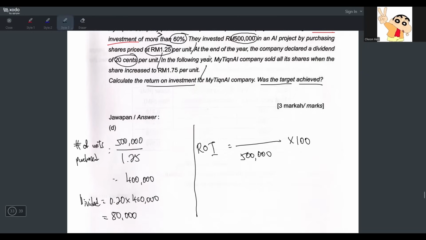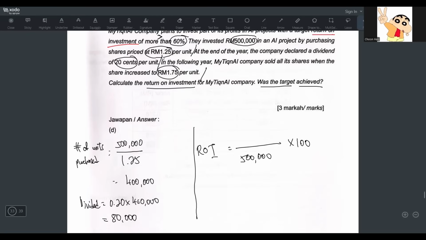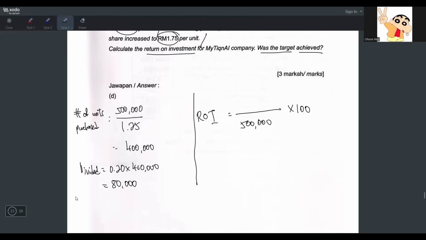And then in the following year, they sold all the shares when the share price increased to 1 ringgit 75 per unit. So the company ended up selling at 1 ringgit 75 per unit, which is higher than the price when they bought it at 1 ringgit 25 per unit. So there is a profit, because the profit formula is the selling price minus the buying price.